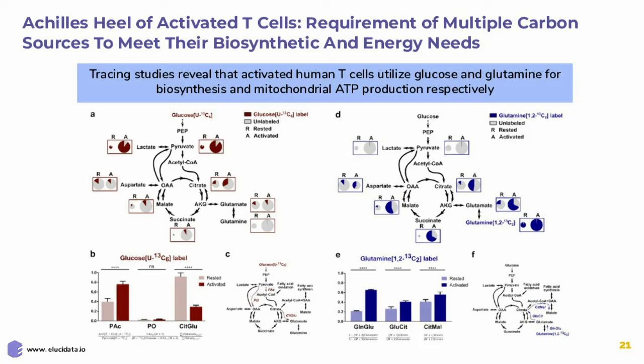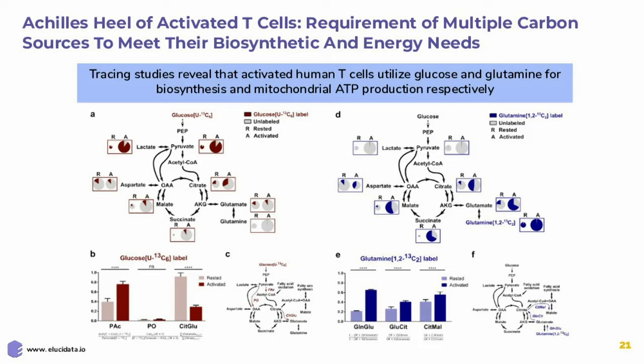So with that thought process in mind, we turned towards looking at glutamine, which is another carbon substrate that can very rapidly be used to feed the TCA cycle through conversion through glutamate. And what we found was very similar to glucose. Upon activation, there was a huge upregulation in glutamine consumption by the activated T cells as well.